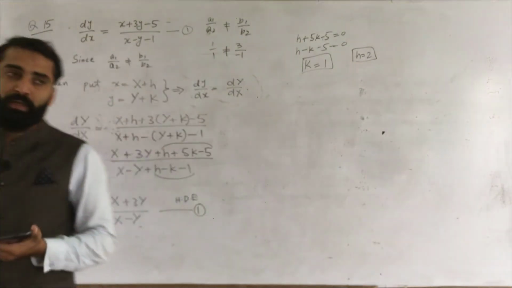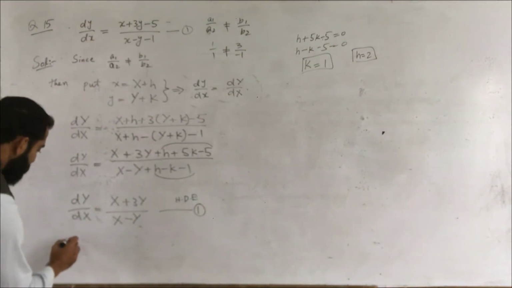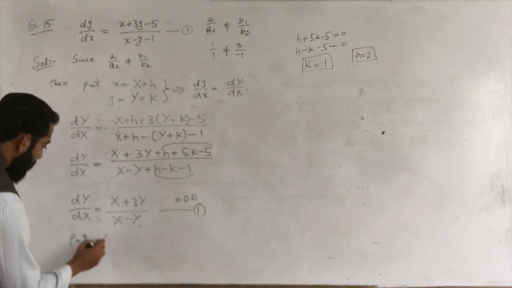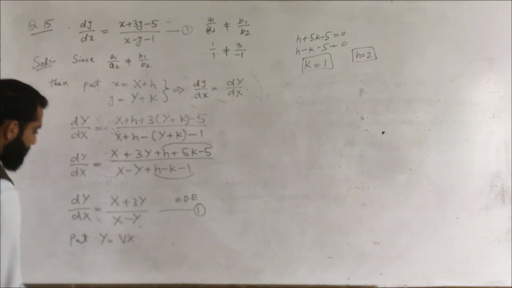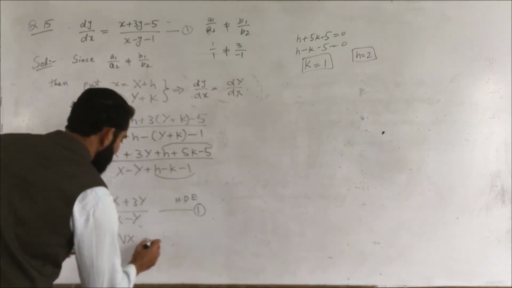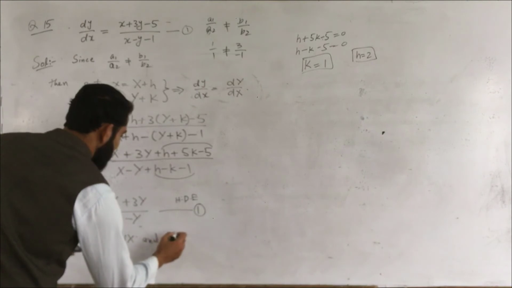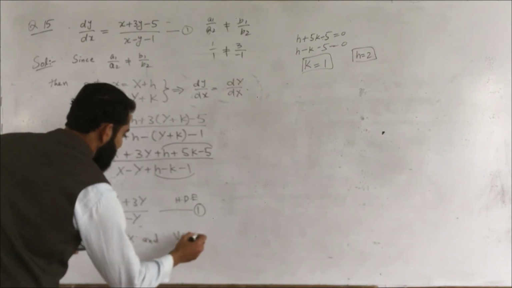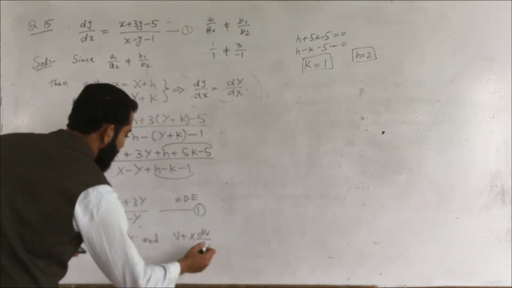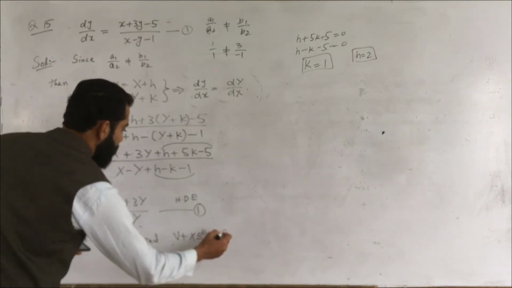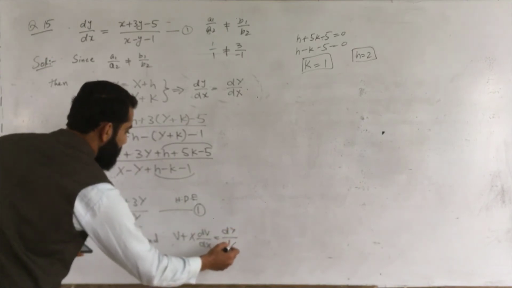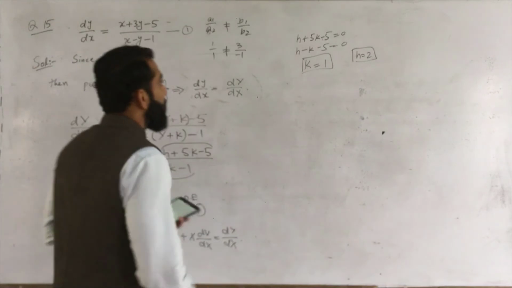So we will put y is equal to vx, and v plus x dv over dx is equal to dy over dx. We will put these values.